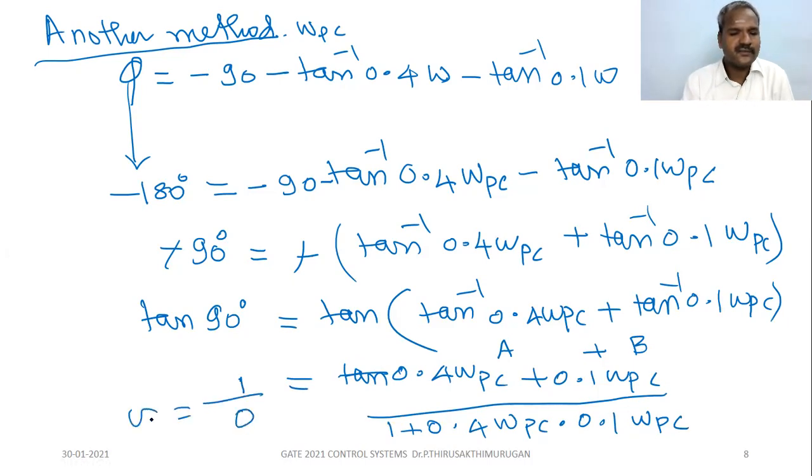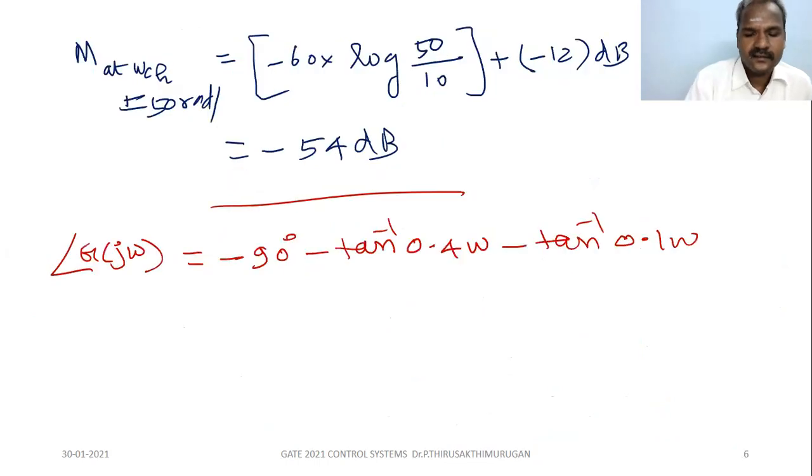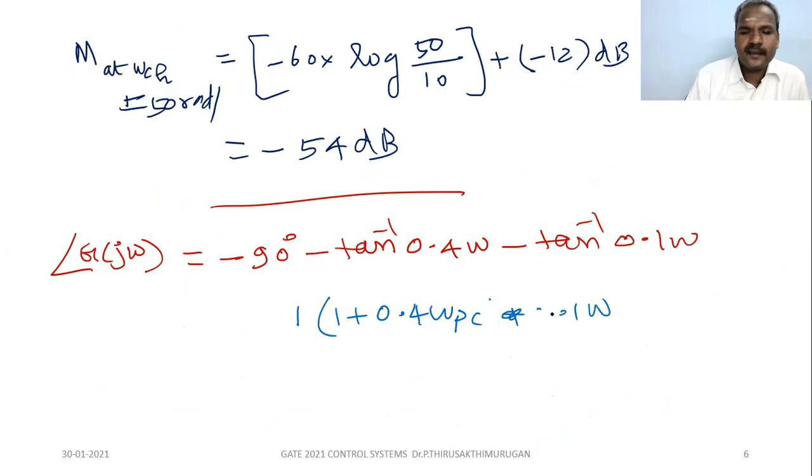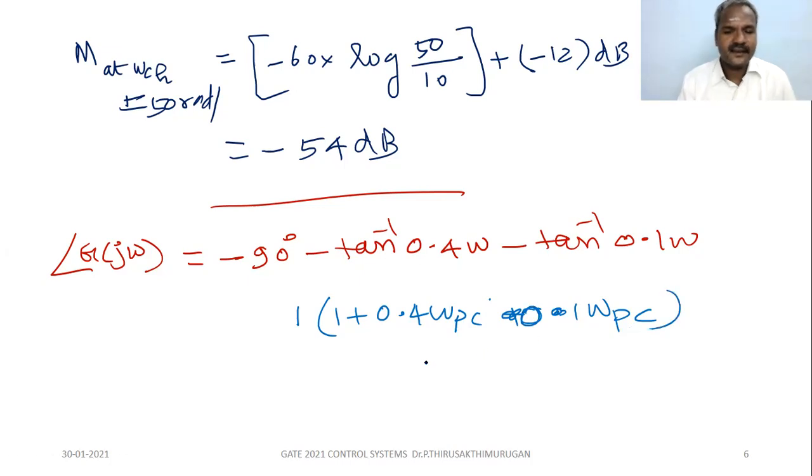So if you cross multiply, what do you get? 1 minus 0.4 omega PC into 0.1 omega PC equals 0.